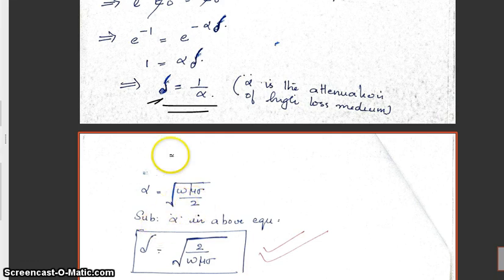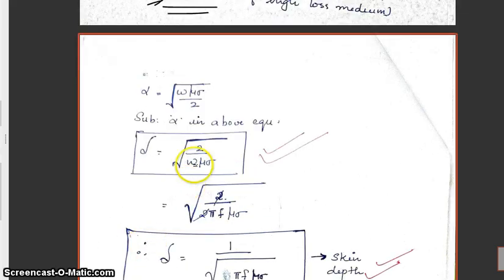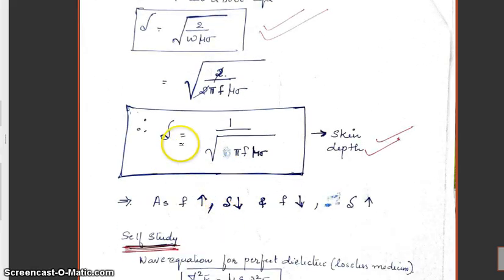You can substitute this alpha in this expression. So finally I get delta is equal to square root of 2 by mu omega sigma. Then omega can be substituted as 2 pi f. So I can write delta is equal to 1 by square root of pi f mu sigma. This is another formula for skin depth.